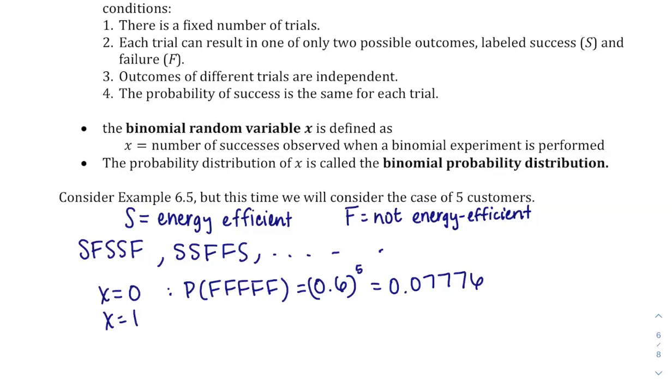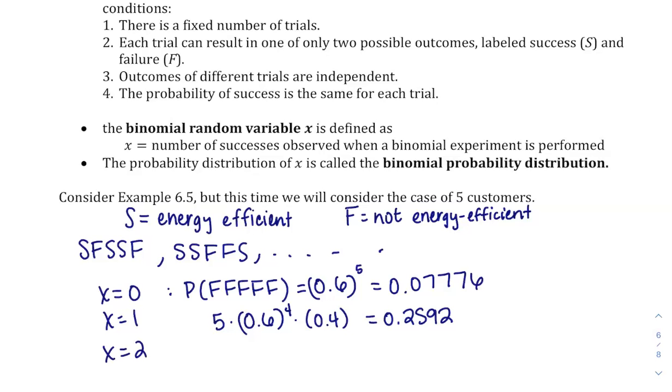And so we see that there's actually 5 possible places for that success to be. And then each of these is going to be 4 failures and 1 success for a total of 5 different arrangements. So we'll do 5 times 0.6 to the 4 times 0.4. So we're looking at 0.2592.